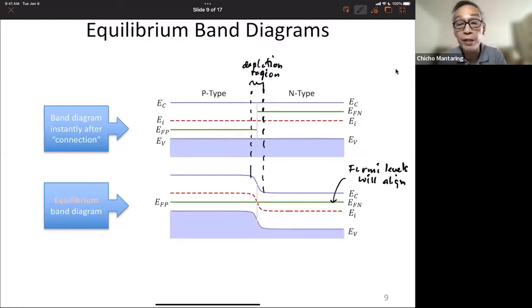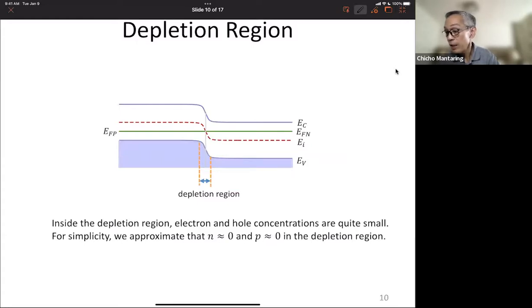Are there any questions? Any questions? I hope you understood why there is band bending. Okay. So I have a slide for that.